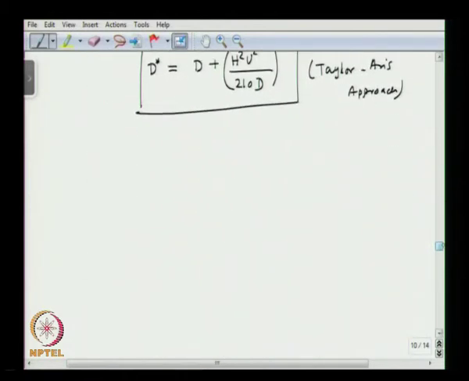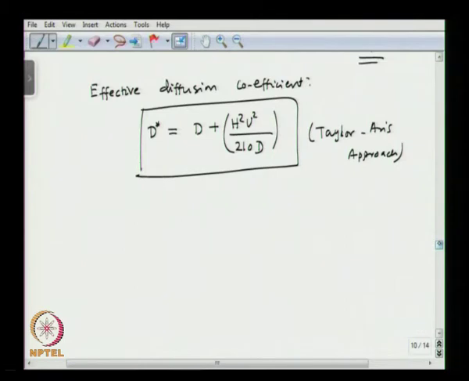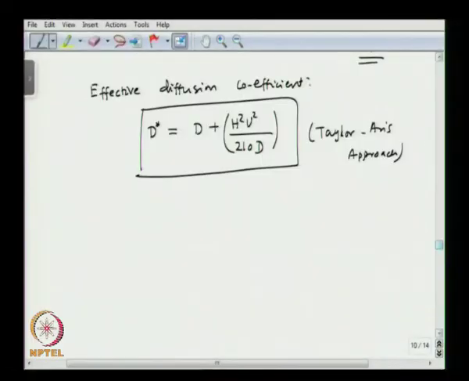Now if you assume that the concentration does not change across the height or the width, and only changes along the flow direction, then we can attempt to solve the transport equation analytically. So we make the assumption that concentration does not change with width or height.